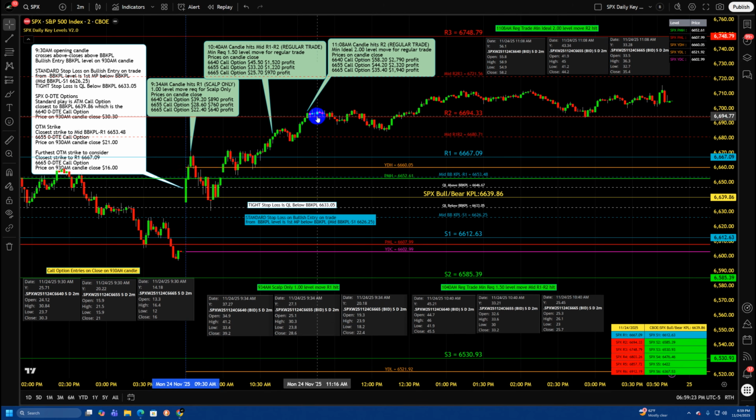At 11:08 a.m. on this candle here, it hits the R2 level. The R2 level is a 2-level move away from where we started our trade, the bull bear key price level, and that is what's known as the ideal 2-level move for a regular trade. What that means is that in 80% or so of the 250 to 255 SPX sessions per year, in a normal environment for SPX, on a normal year, a 2-level move is going to be the extent of most moves on your trades.